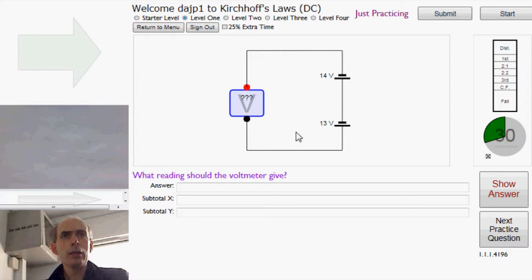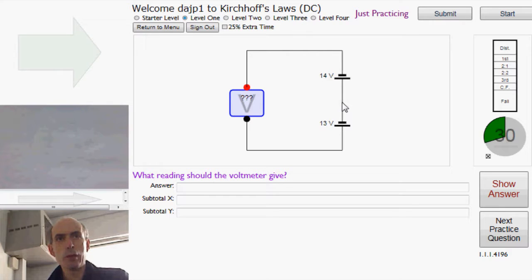Now, let's have a look in going from the bottom to the top. From the bottom to the top is the potential difference that this voltmeter is measuring. The potential at this point here minus the potential at that point there. And going from the bottom to the top goes through this 13 volt source the wrong way, from the positive to the negative.